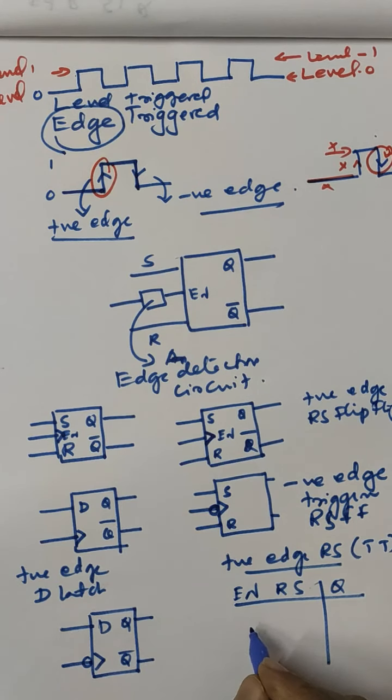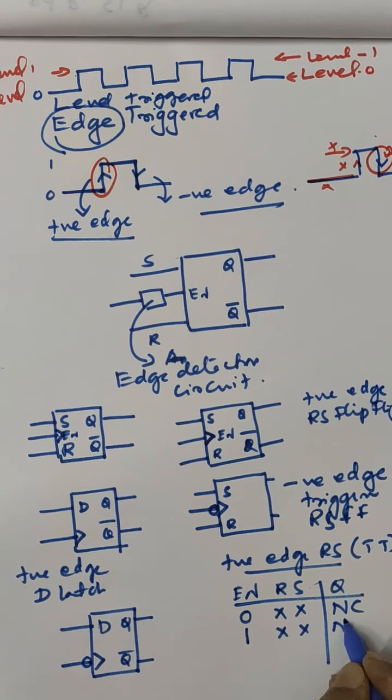When the clock is equal to 0, whatever be the input, there is no change. Similarly, if it is 1, then also there is no change, because we know that a positive edge triggered RS flip-flop will respond only for the positive edge.